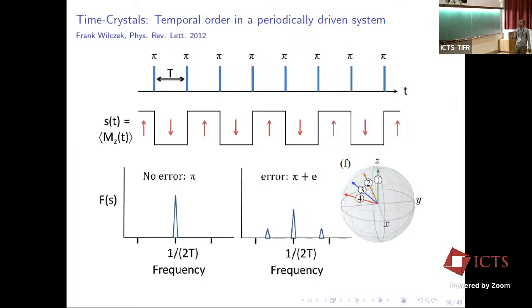In this case, we apply pi pulses periodically, so we go on flipping regularly. Normally what one expects is that the system is not robust against errors in the pi pulse. If the pi pulses are 10% off, then errors go on building up.